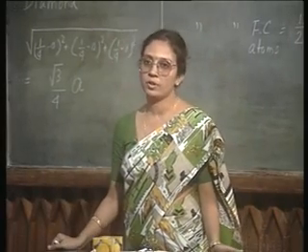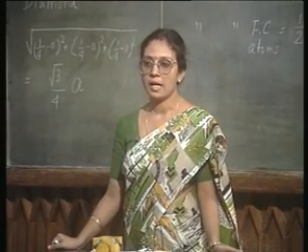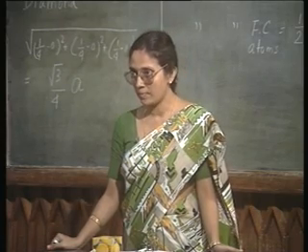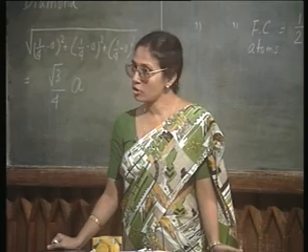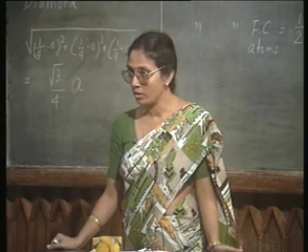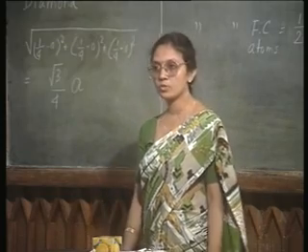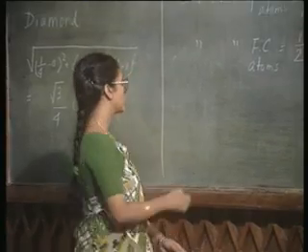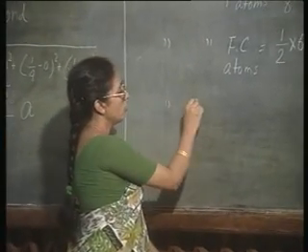Now, for the zinc blende structure, I have 4 atoms of the second sublattice, and they are not shared by anybody, they are present there in full. Therefore, the contribution of the second sublattice atoms is 1 into 4.